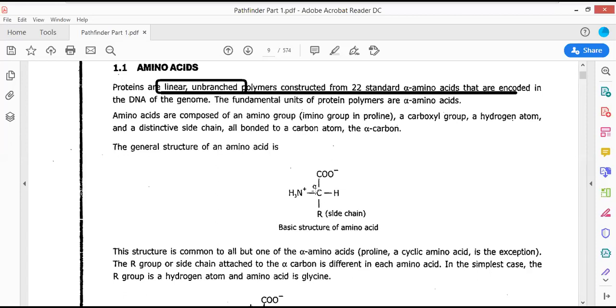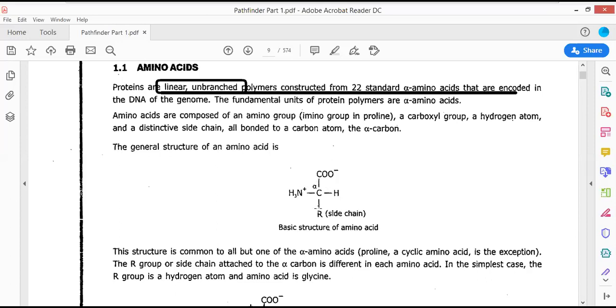Usually this carbon is chiral. The centralized carbon atom to which all the different groups are bound is referred to as the alpha carbon atom. So this is the alpha carbon atom, and there are groups bound to it.